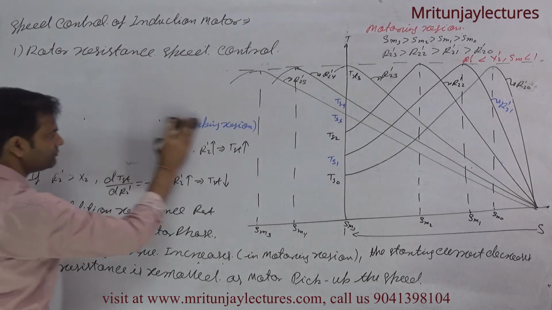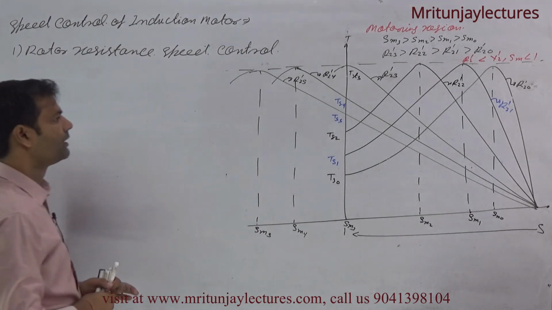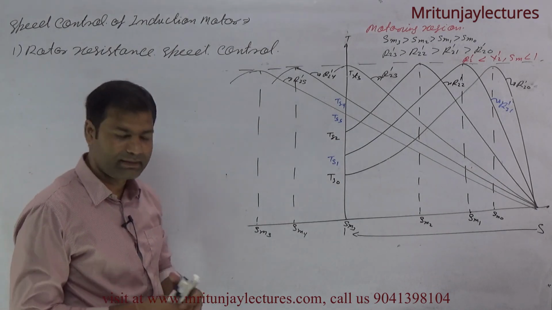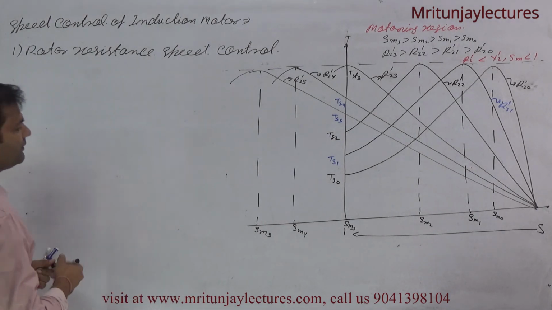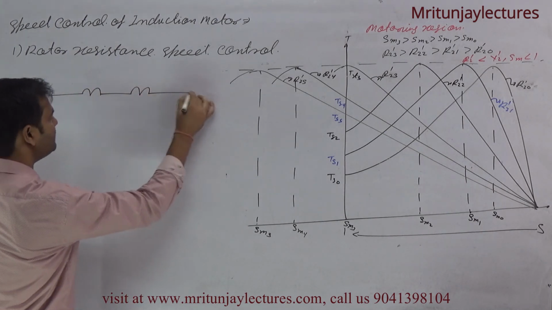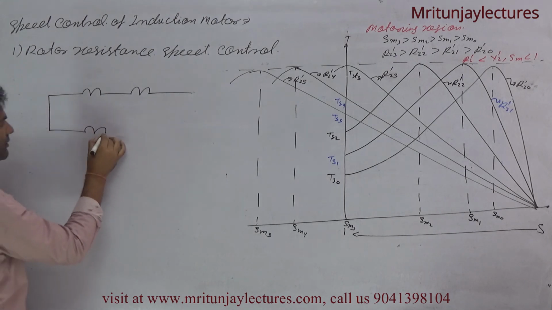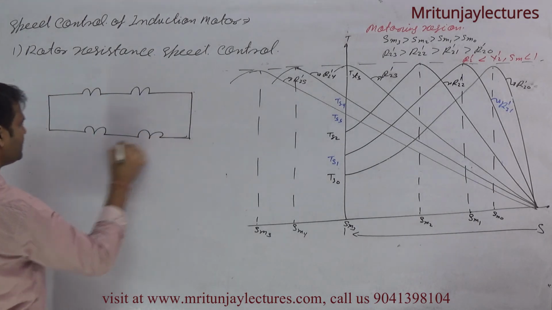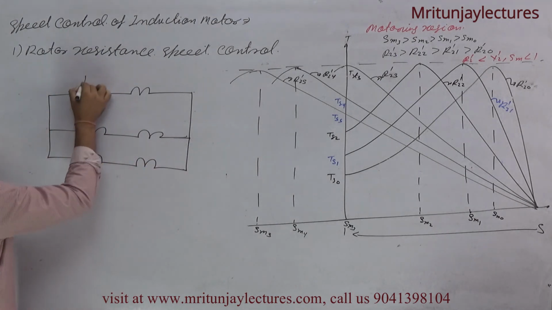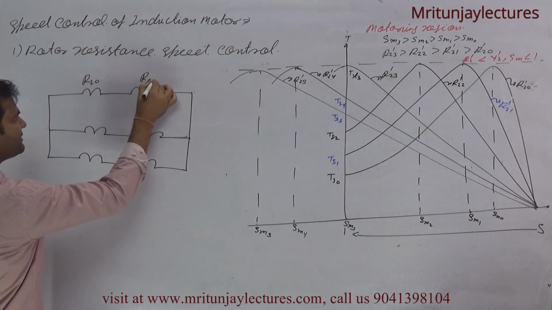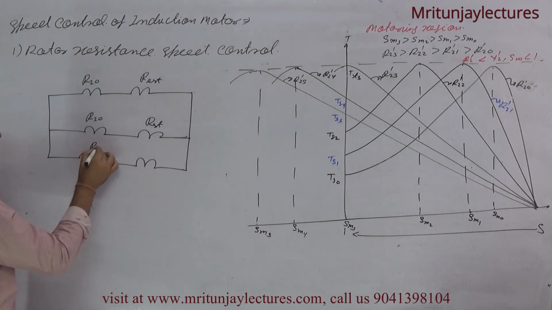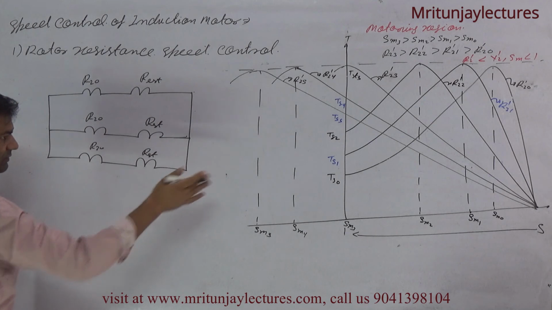Now, same as before: in rotor resistance speed control, if external resistance is added in the rotor per phase, that is R20 and R external, like this one. What about the graph? Like this one.